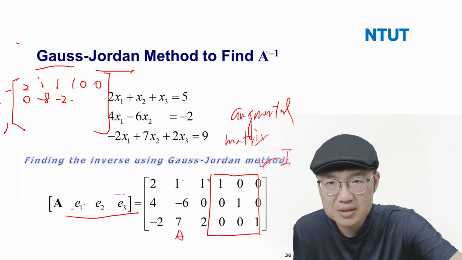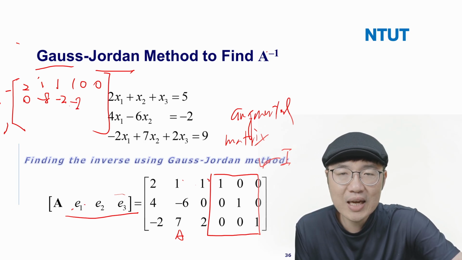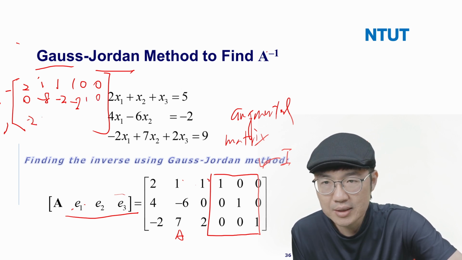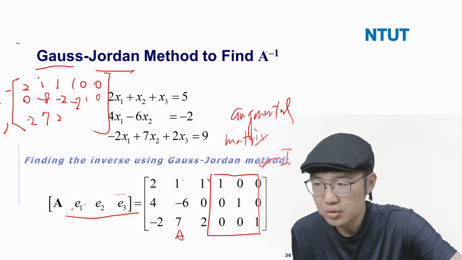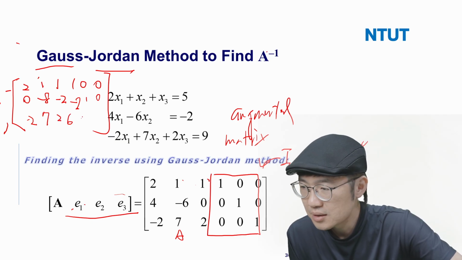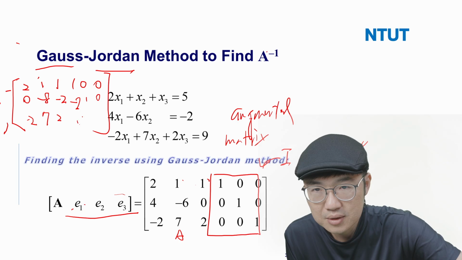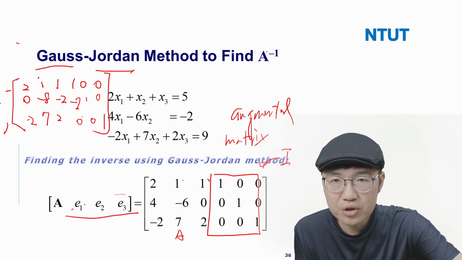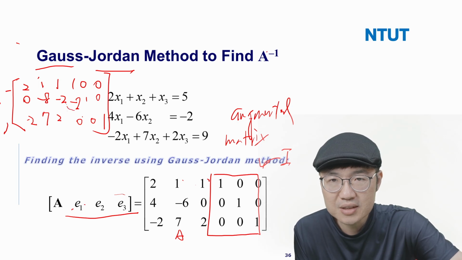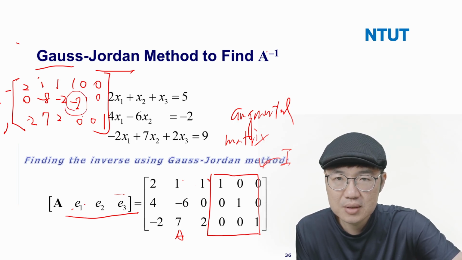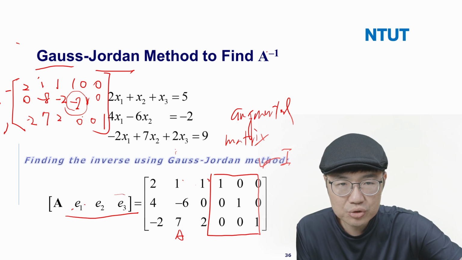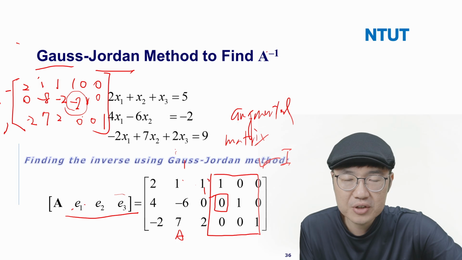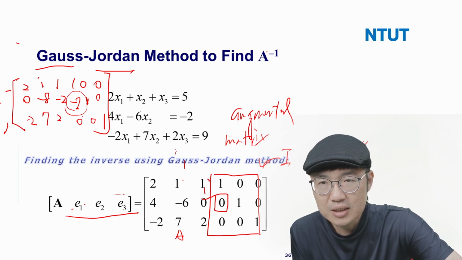But here, the augmented part produces minus 2, 1, 0. So the new change is this minus 2. It makes the original I be different.